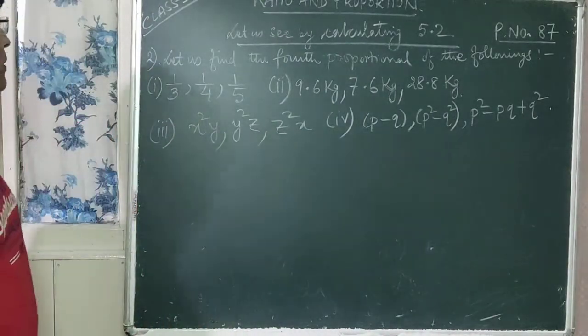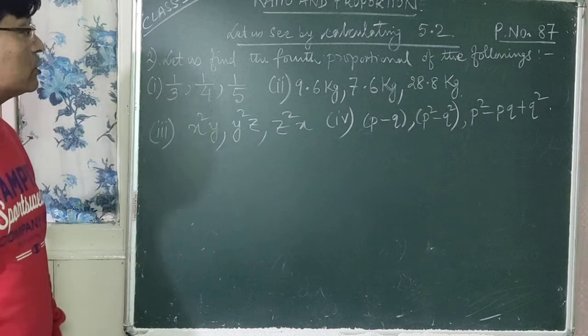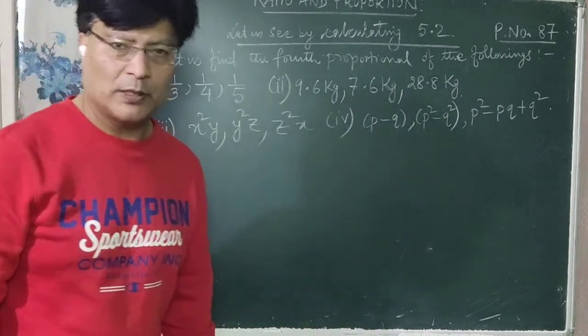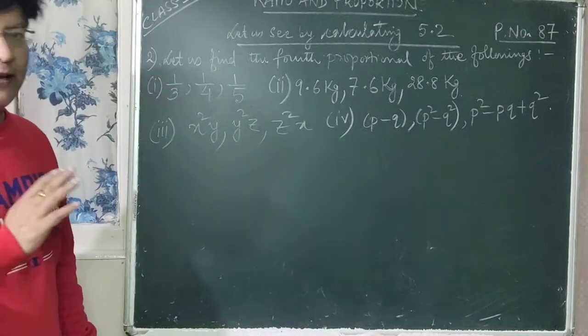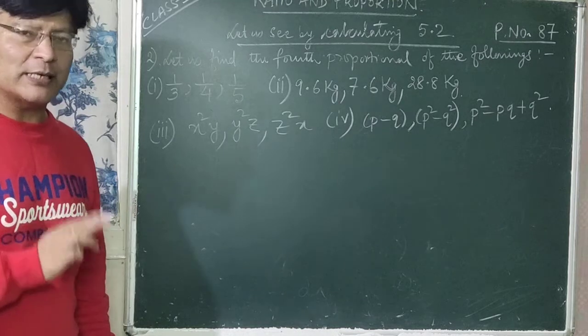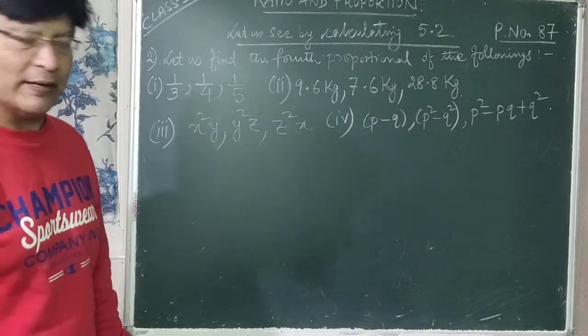Now we will do question number 2 from the same exercise. So question number 2 is, let us find the fourth proportional of the following. Fourth proportional means you have to find out the fourth number, so that first, second, third, fourth are in proportion, right?